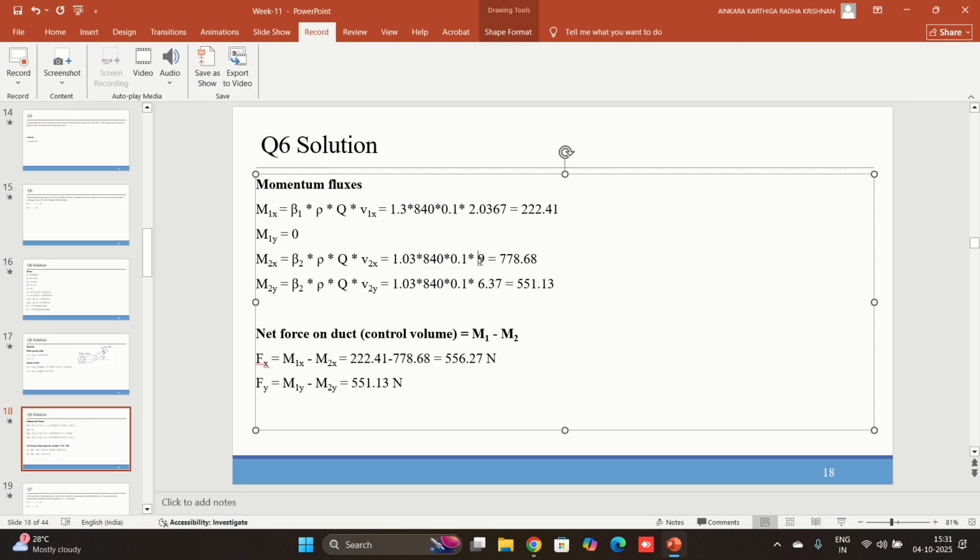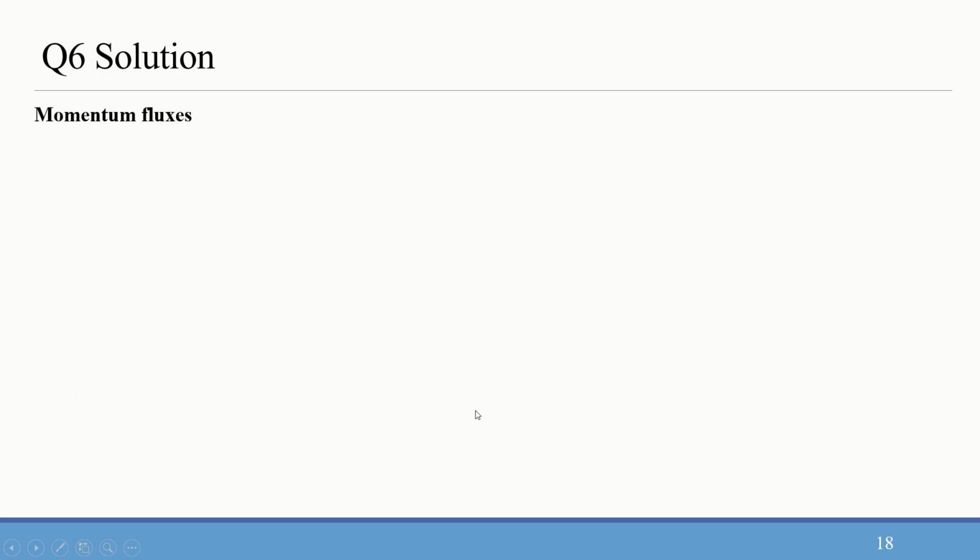I'll just go step by step, and wherever required I'll make changes. So we have to calculate the momentum flux. We are asked to use only the momentum variation and calculate the force acting on the duct, ignoring all other effects.